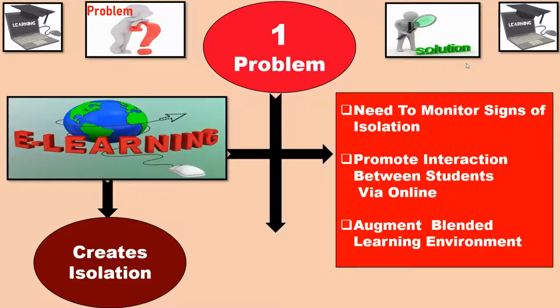We are taking these classes from different places, and the students are sitting at their own respective places. So there is no real intimacy among the students, and none between the students and the teachers. So it is creating a kind of isolation.